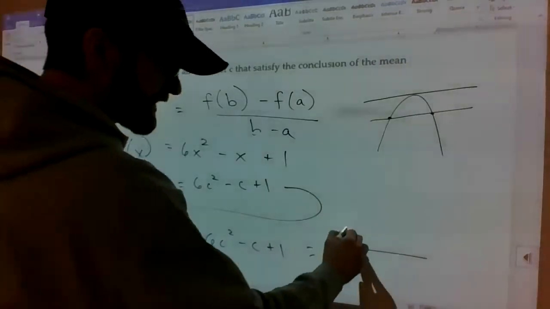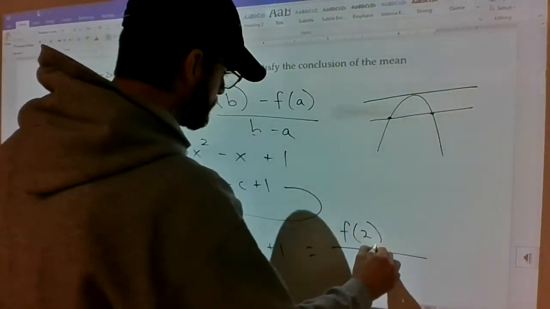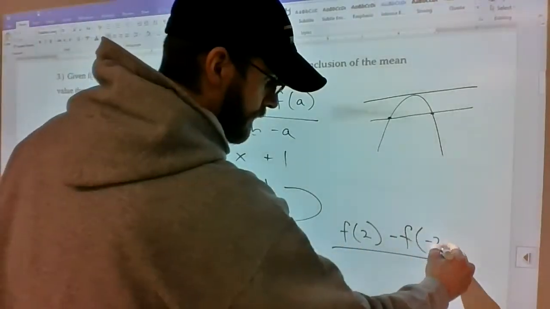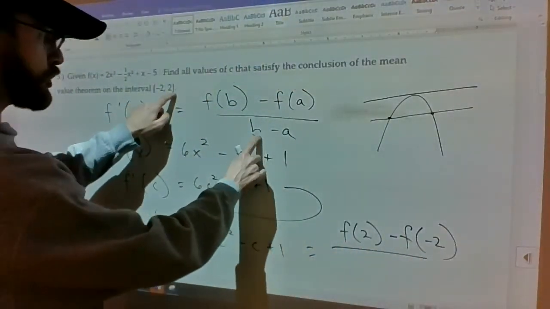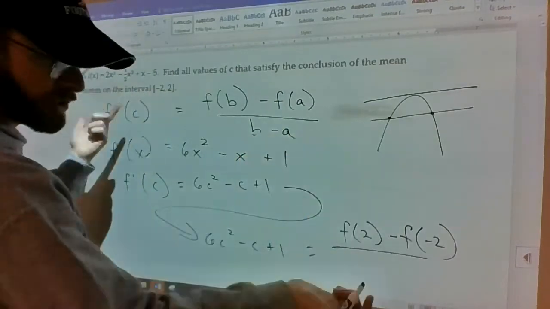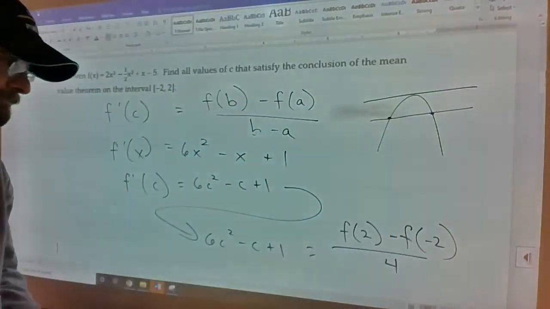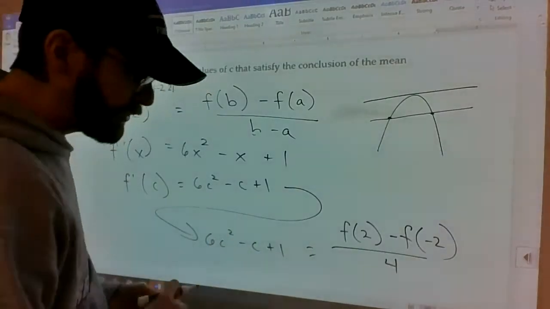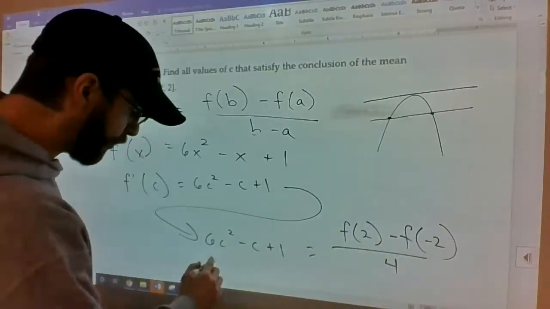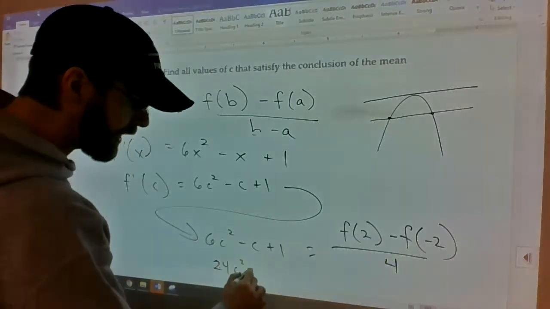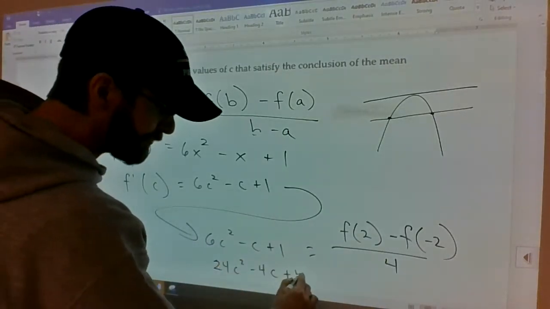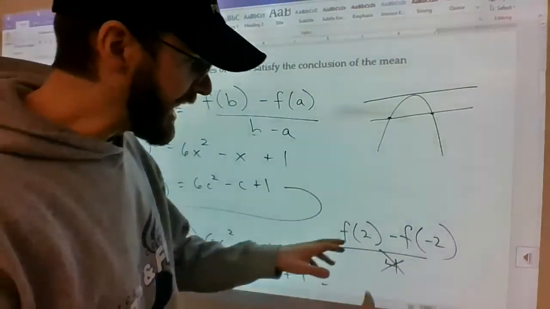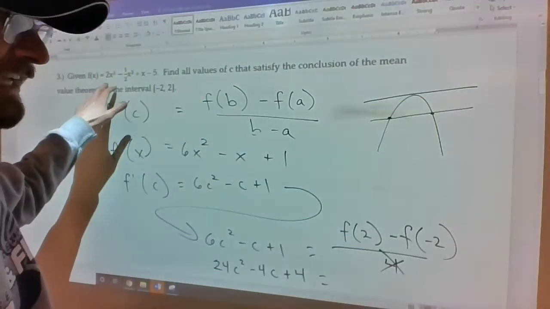So it's f of 2 minus f of -2, all divided by 2 minus -2, which is 4. If you want to simplify this on your own, you can multiply both sides by 4, which gives you 24c squared minus 4c plus 4. So I multiplied both sides by 4, and then f of 2 minus f of -2.